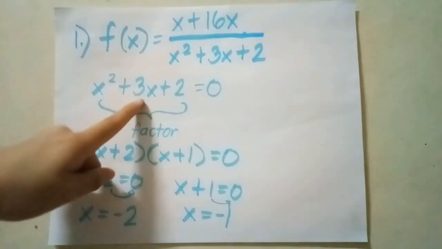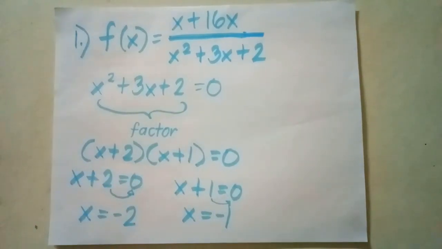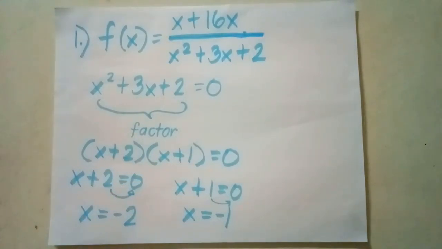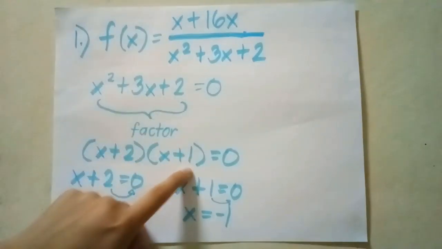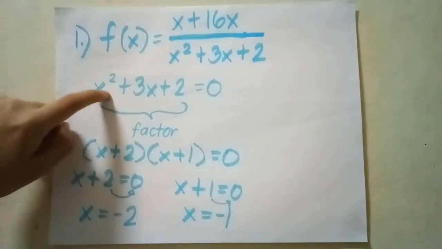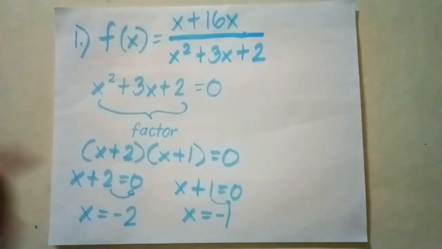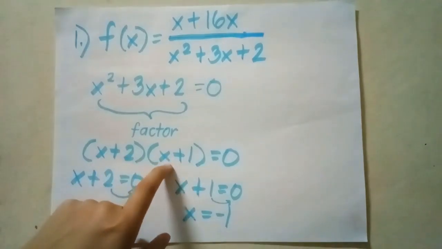The factors of 2 are 2 and 1, because 2 times 1 is the constant 2, and 2 plus 1 is 3. So the factors of x squared plus 3x plus 2 are x plus 2 times x plus 1.